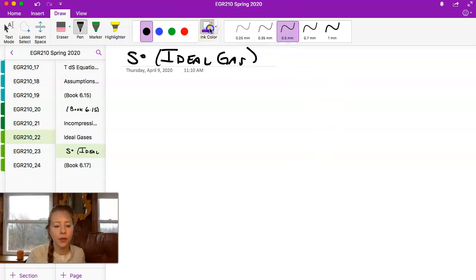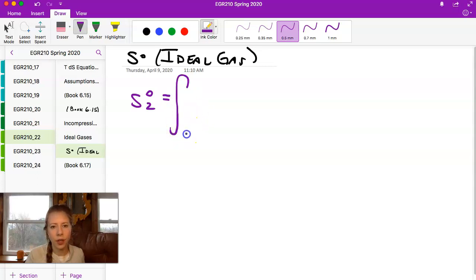Okay, so for example, S2 is going to be equal to the integral from some reference temperature. So this is how it's computed in the table.